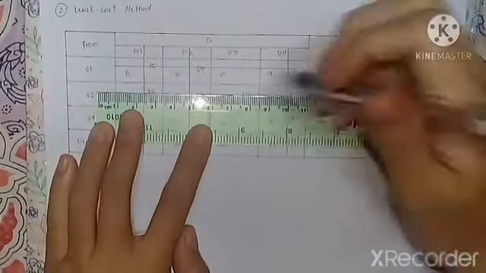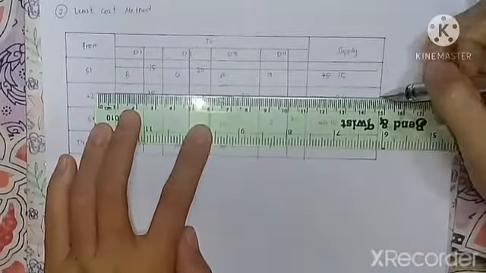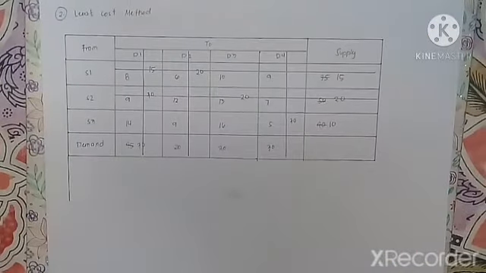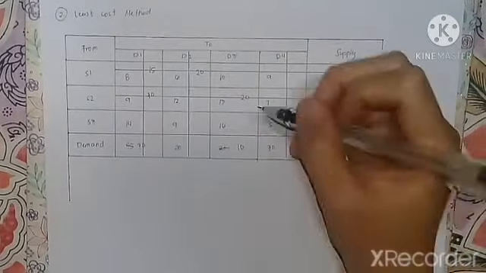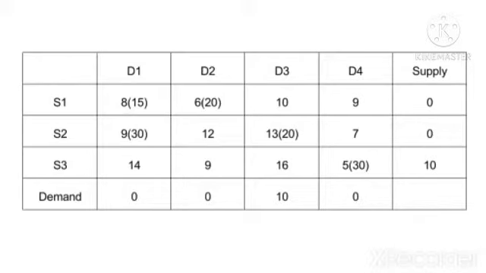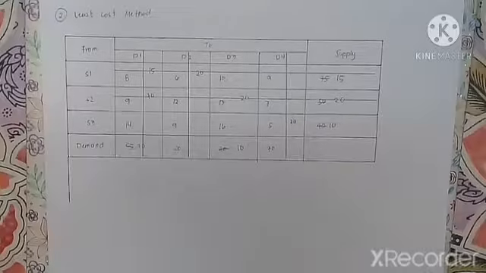This exhausts the capacity of S2 and leaves 30 minus 20 equals 10 units with D3. The remaining smallest transportation cost is 16 in cell S3 and D3 with a demand of 10 and supply of 10. So the allocation to this cell is 10.